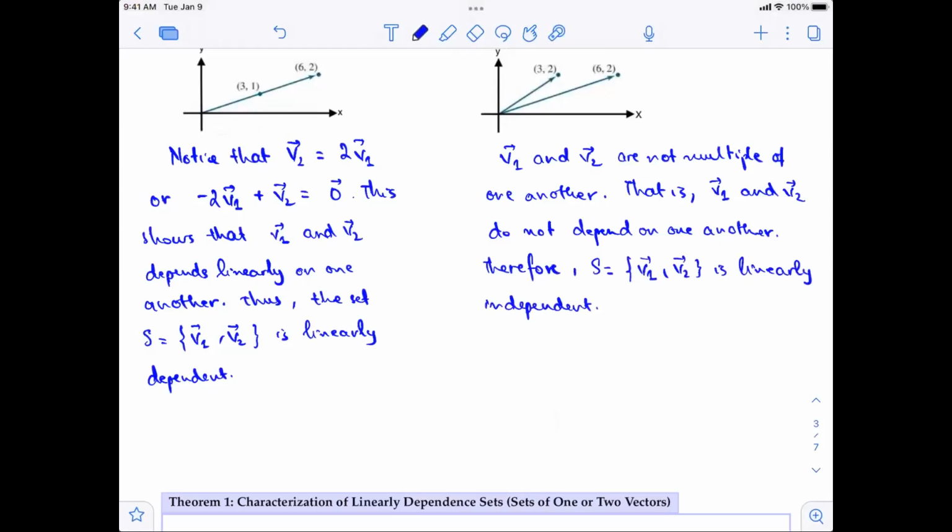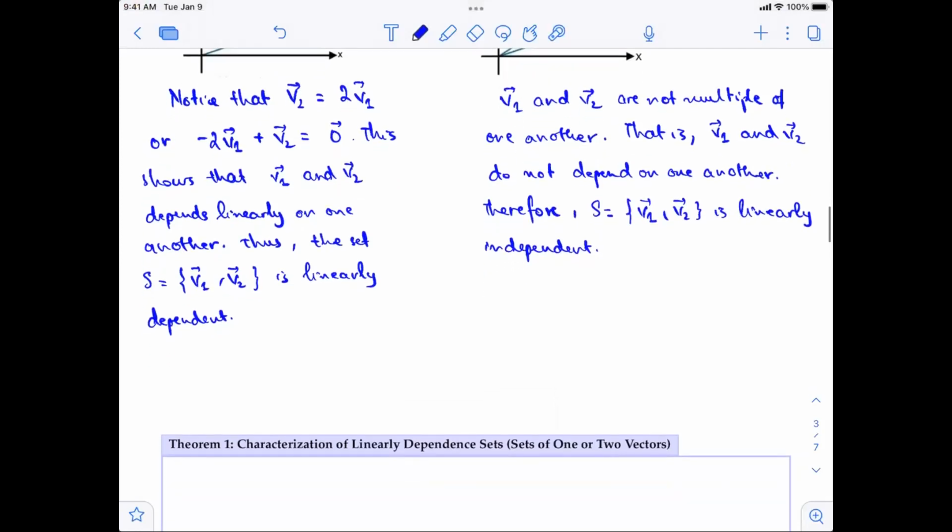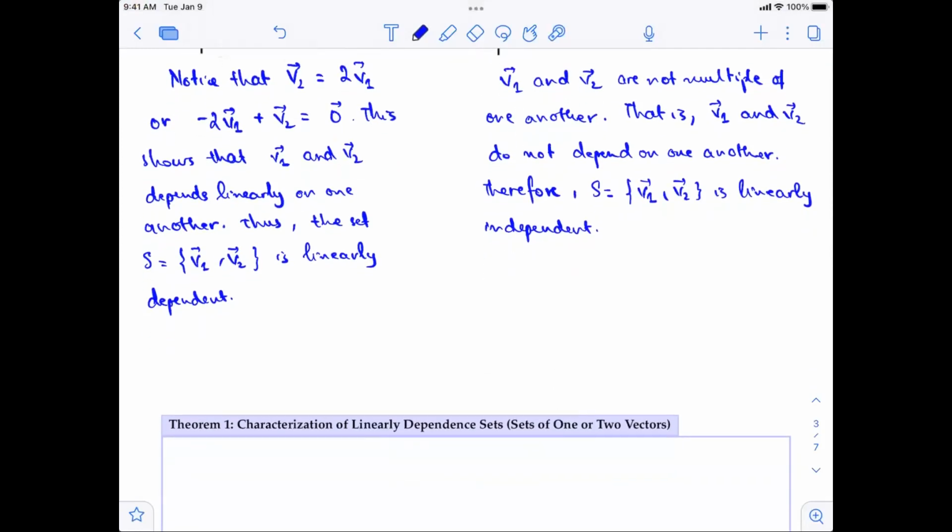All right. So from these two examples, we can write down the characterizations of a linearly dependent set, or a set of one or two vectors.